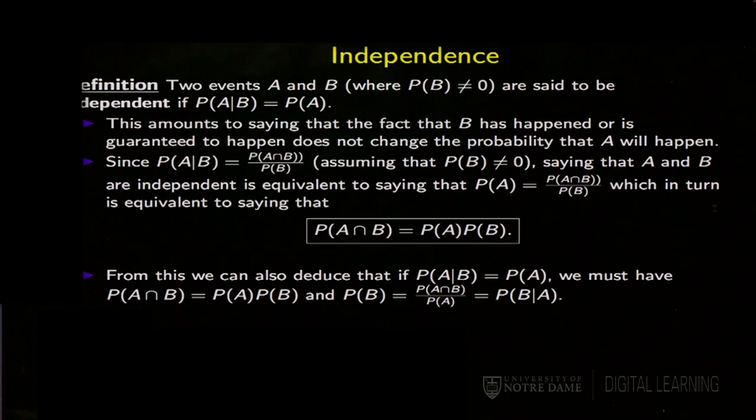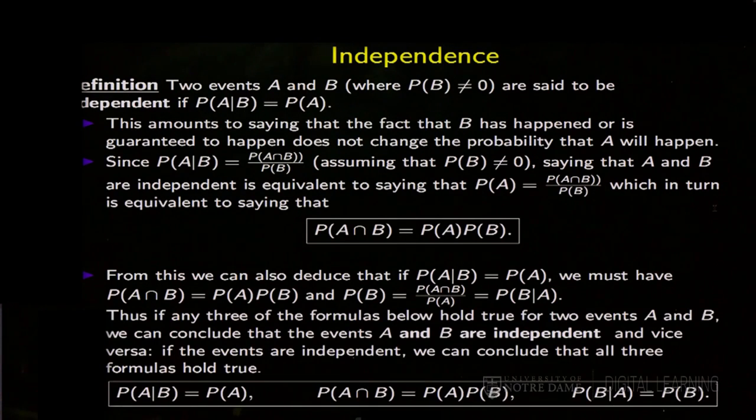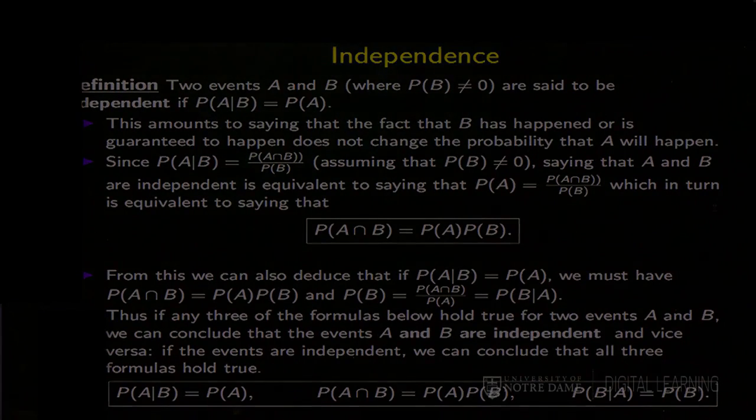If A and B are independent, then B and A are independent, and we don't need to worry about the symmetry. If any of these formulas hold, since all three are equivalent, we can conclude that the two events are independent, and vice versa. If we know or assume two events are independent, then all three of these formulas hold.